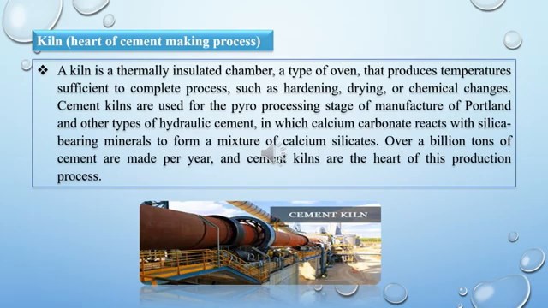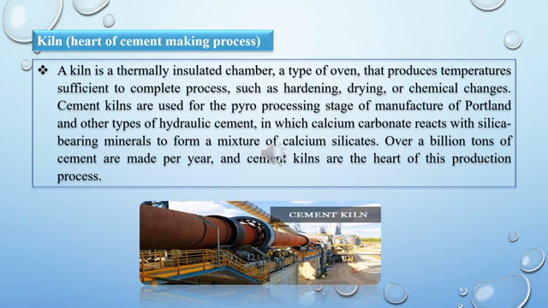Cement kilns are used for the pyroprocessing stage of manufacture of Portland and other types of hydraulic cement, in which calcium carbonate reacts with silica bearing minerals to form a mixture of calcium silicates. Over 1 billion tons of cement are made per year and cement kilns are the heart of this production process.